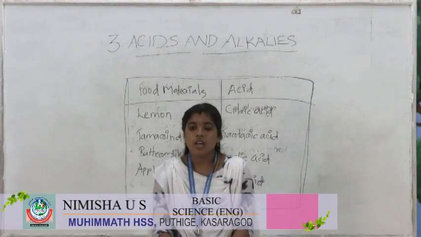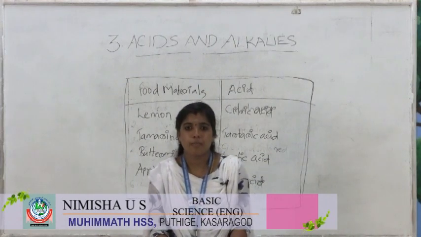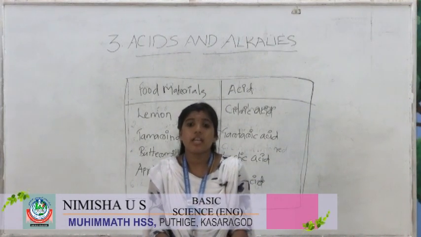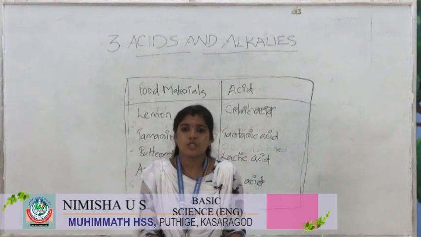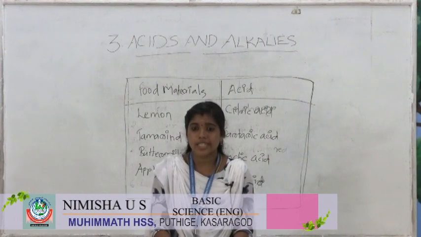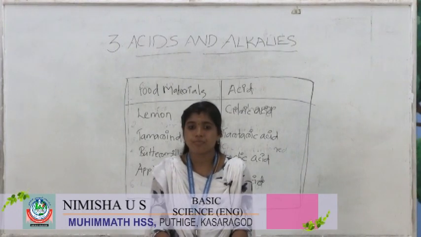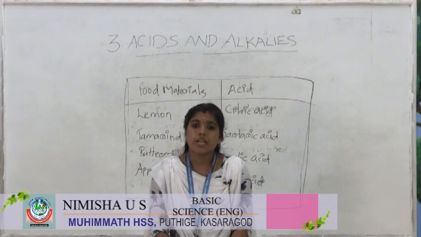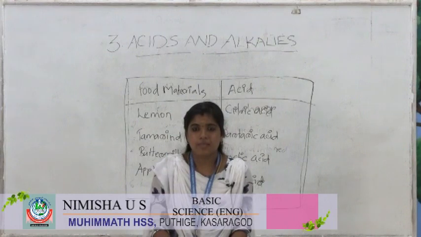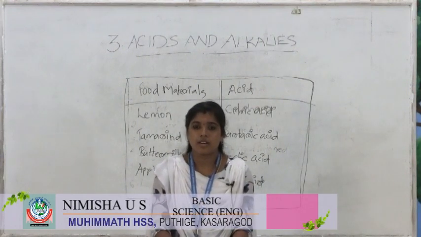And also in laboratories, instead of hibiscus paper, a paper named litmus paper is used. The litmus paper is used in laboratories to identify the presence of acids as well as alkalis. The litmus paper is of two types, the red colored one and the blue colored one.